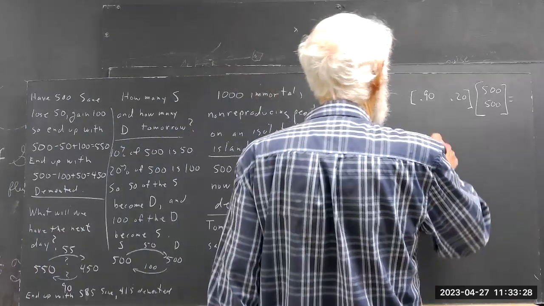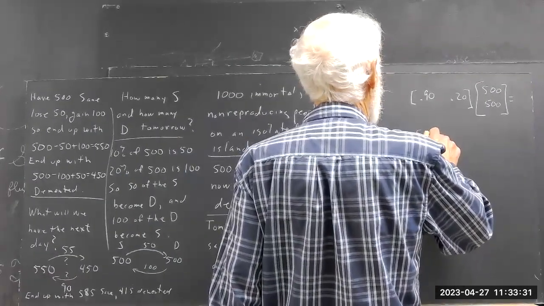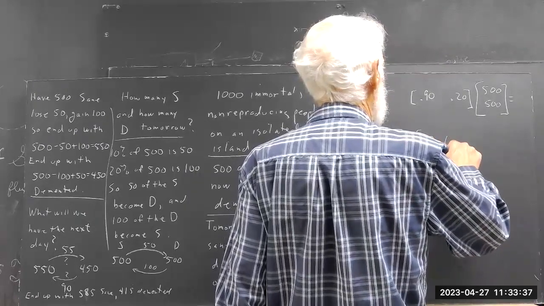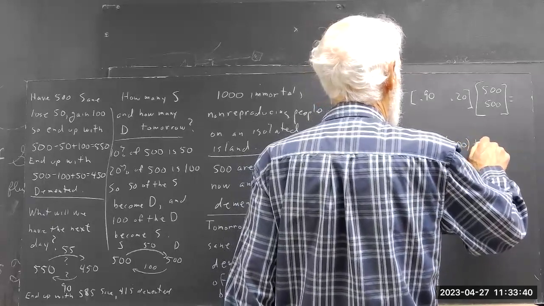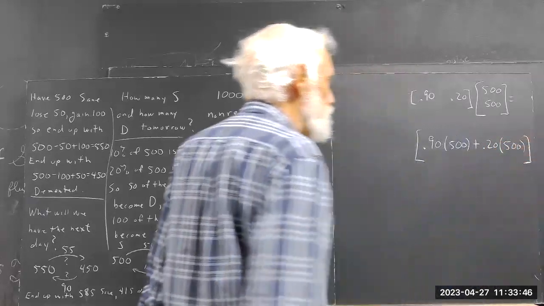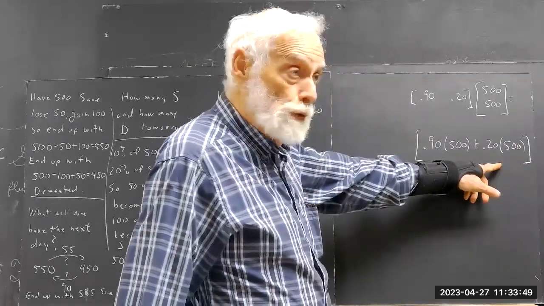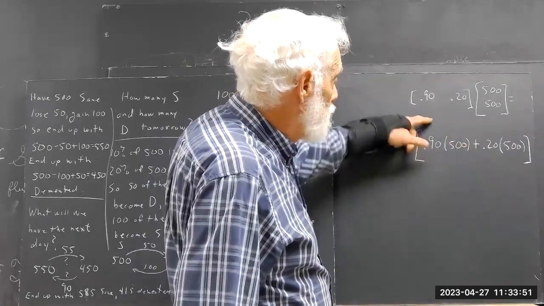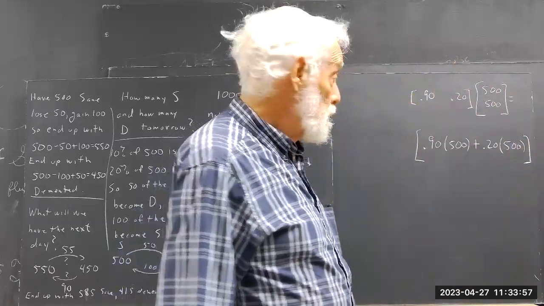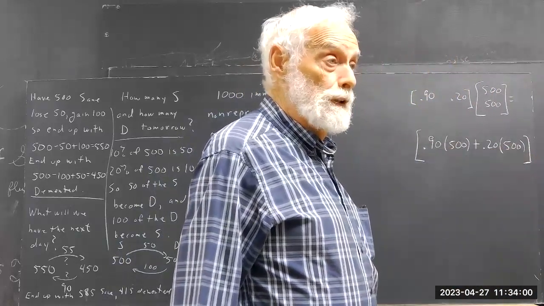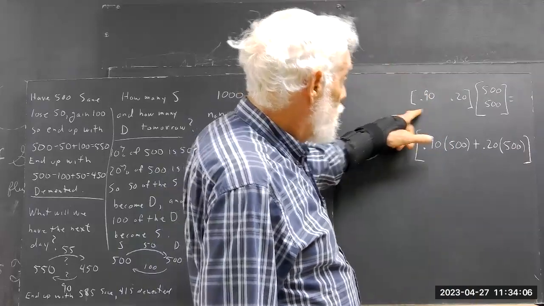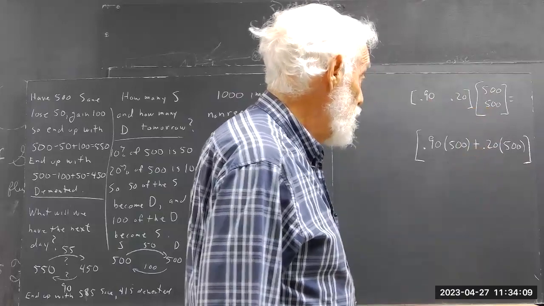So what this equals is 0.90 times 500 plus 0.20 times 500. Now, when you multiply a row by a column, as we saw in the support course, this is what you get, okay? Multiply this by this, multiply this by this, and add.